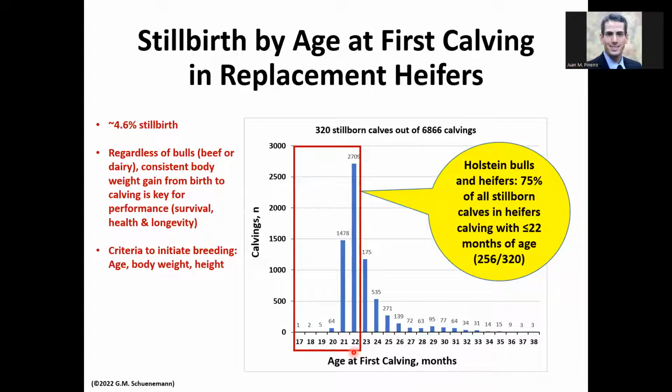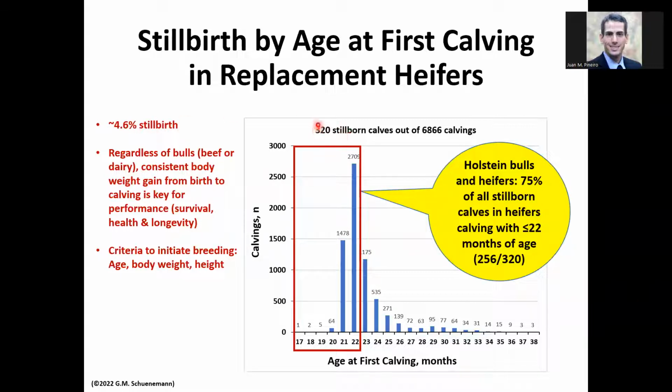About 70% of all stillborn calves in heifers are at 22 months of age or less at calving. So heifer development, regardless of the bull, is absolutely important because it has a major implication. The overall stillbirth for all the heifers is 4.6%, right?